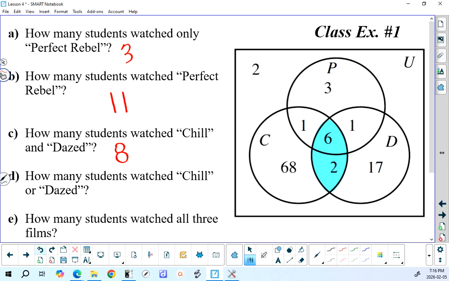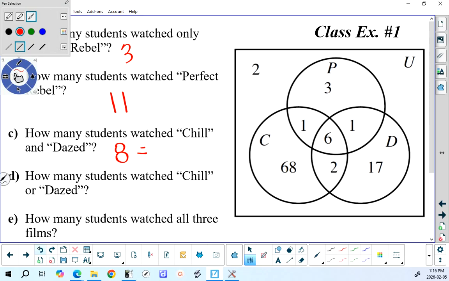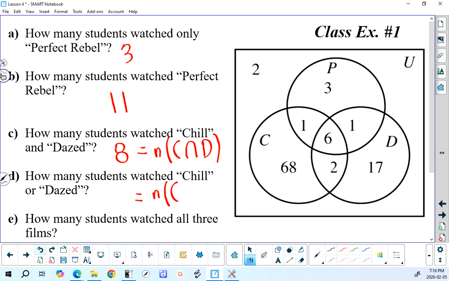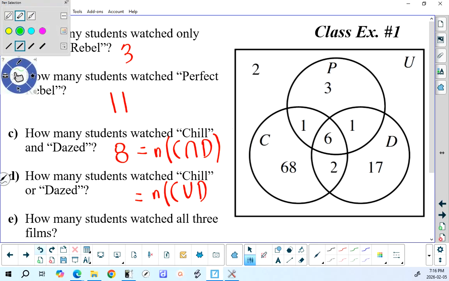How many watched Chill or Dazed? Well, that's a union. I'm going to go back and talk about Chill and Dazed. This is the number for the intersection of C and D. When we talk about or, this is the number of the union of C with D. And a union is that snowman shape.